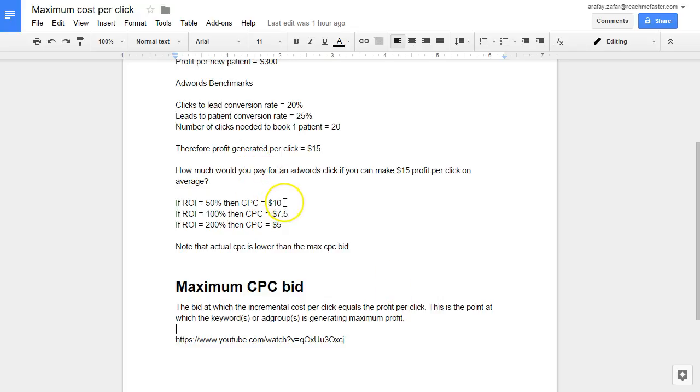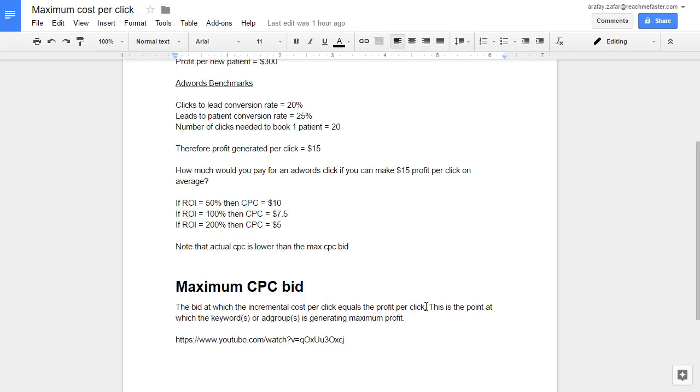So profit per click, you want it to be basically $15, and then if the incremental cost per click goes over $15, well, that means time to scale your bid back.